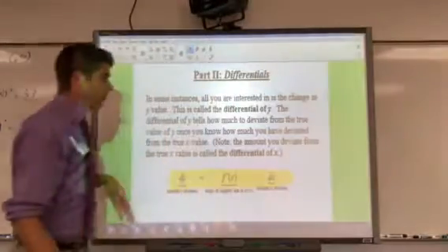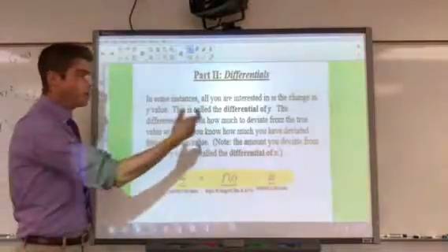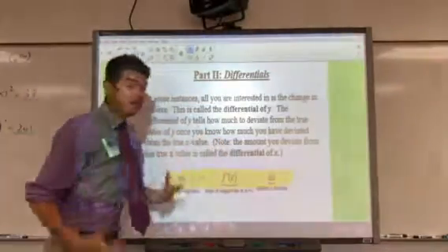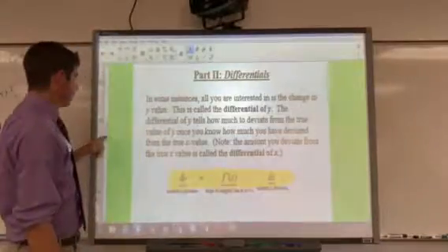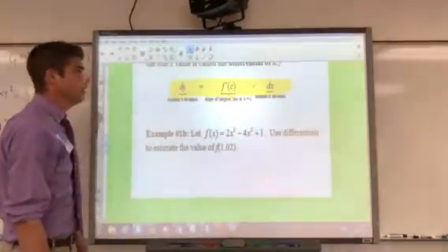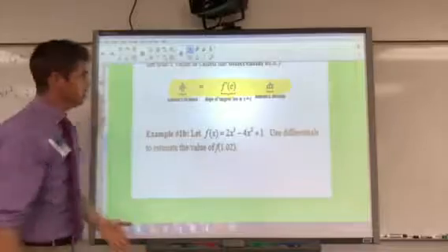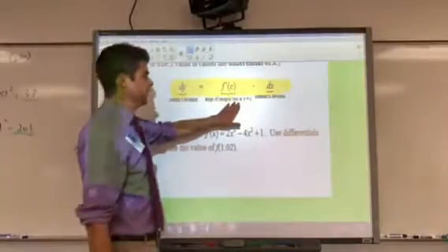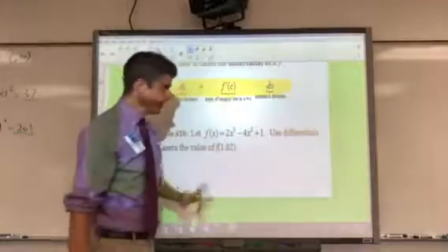And that's a differential. How far you are from the y variable will depend on how far you deviated from the x. And so there is a formula, but it's nothing fancy at all. I'm saying the amount y deviates is equal to the slope of the tangent line times the amount x deviates.